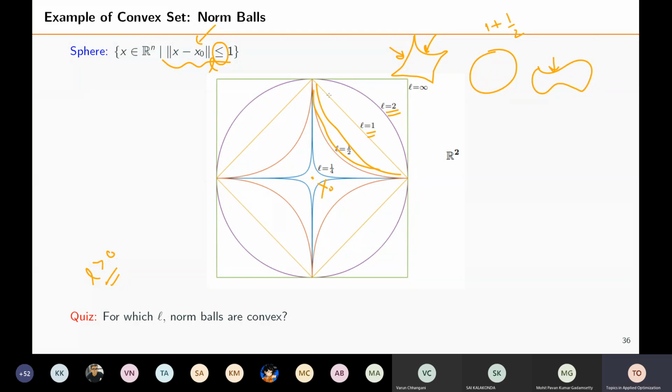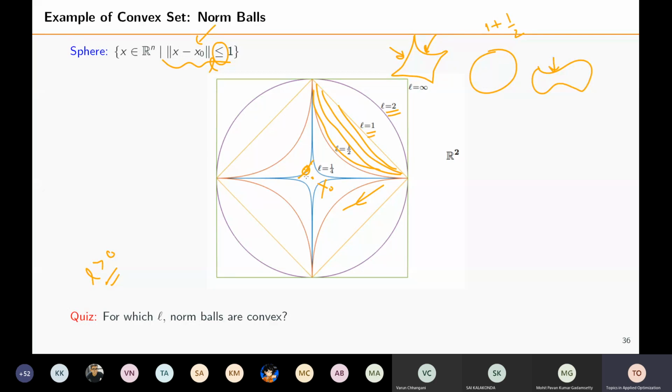So this will be this, and then some L will be this, some L this. So there will always be some inward bend, and that will not make it convex. So for L less than 1, it's always not convex. Because in this one, I took this point and this point. If I join them, then some part here is going just outside. So that's the answer.